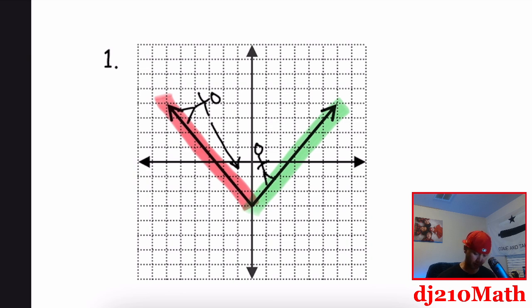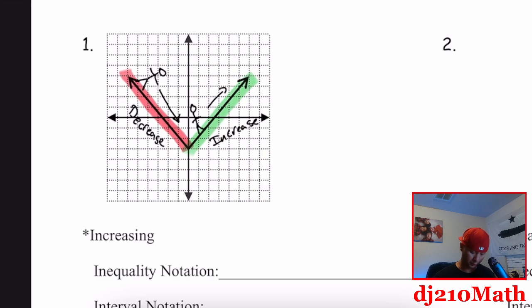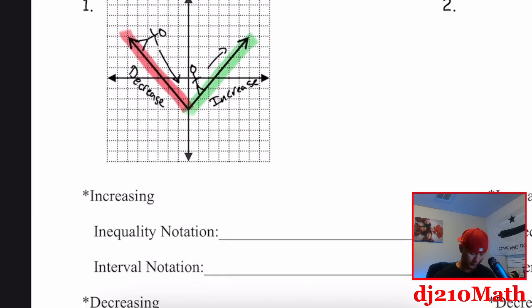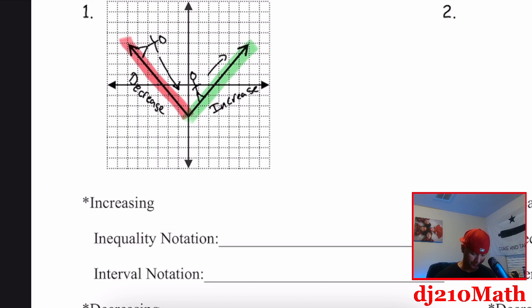Uphill is increasing. So decreasing, going down, and then increasing, going up. And this is going from left to right. We interpret the graphs from left to right, starting on the left and walking right. Down is decrease, up is increase. Long story short. So let's start with increasing.